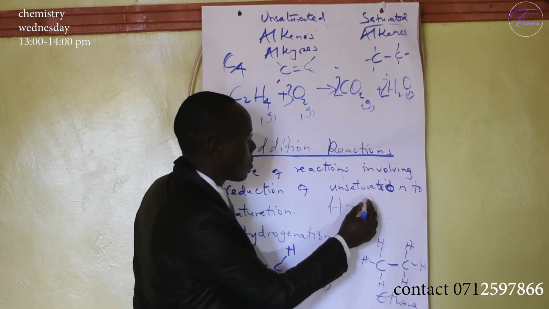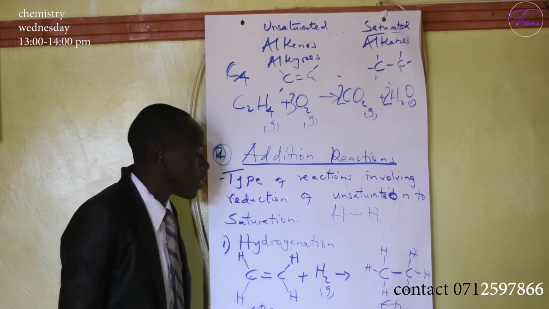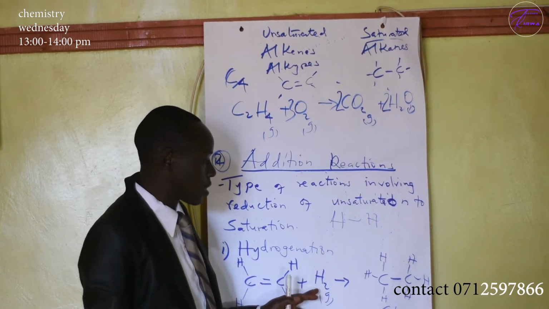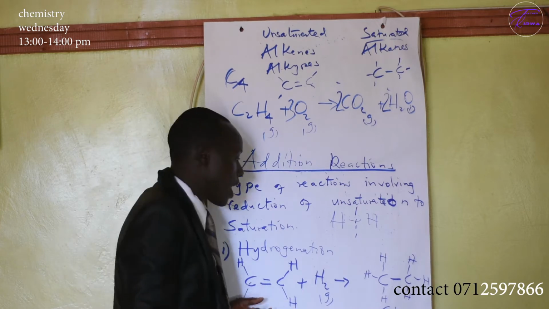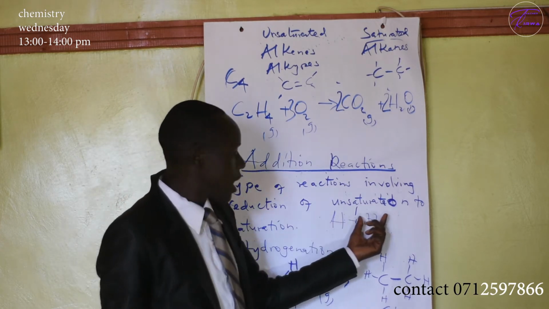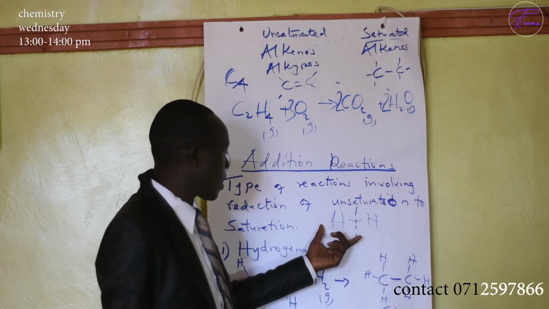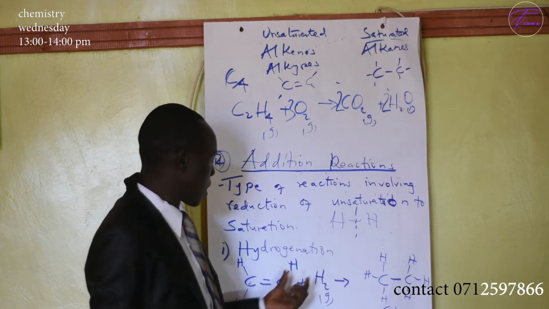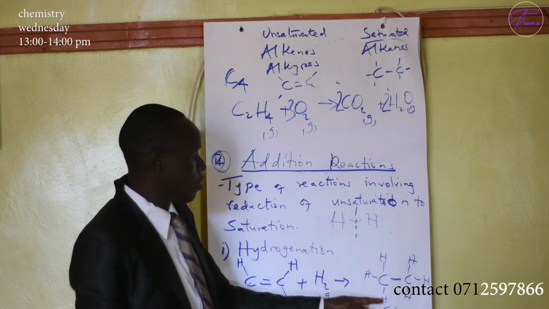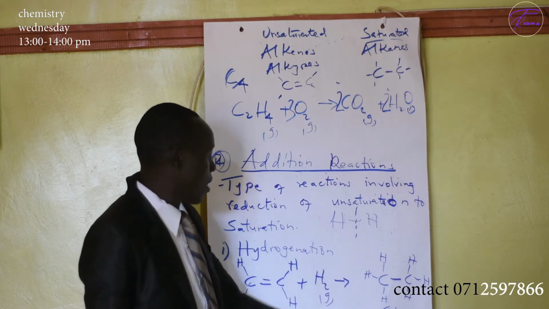So when this reaction takes place, this double bond is broken to have a hydrogen radical and another radical there. This hydrogen adds to this carbon and this other one adds to the second carbon. So from ethene, you have ethane.